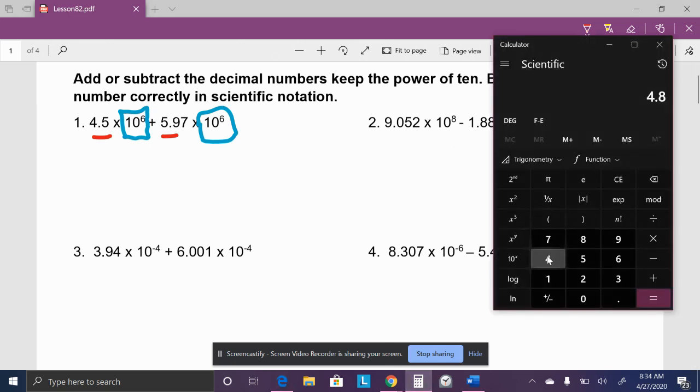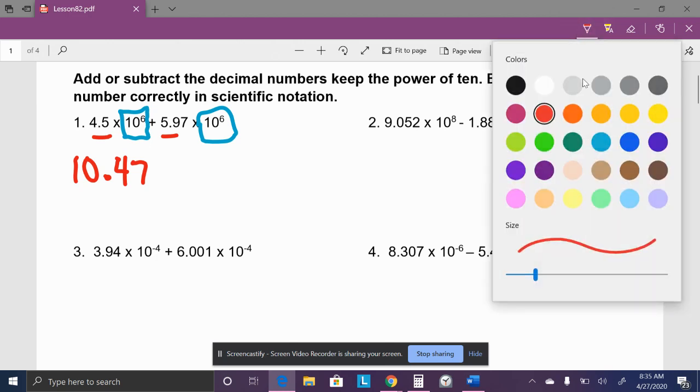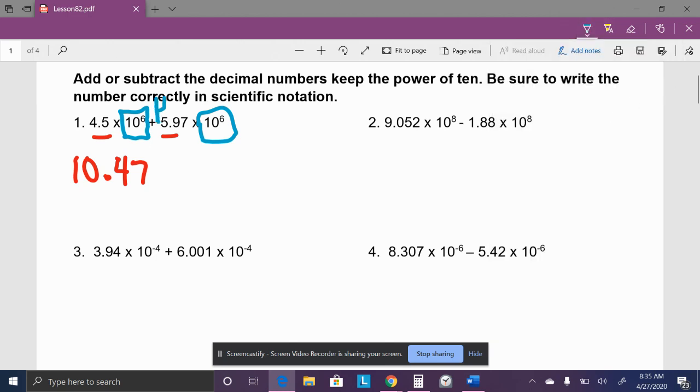So I'm going to use my calculator: 4.5 plus 5.97 and get 10.47. Since the powers are the same, different than multiplying and dividing, we're going to keep them. So it's going to be times 10 to the 6.